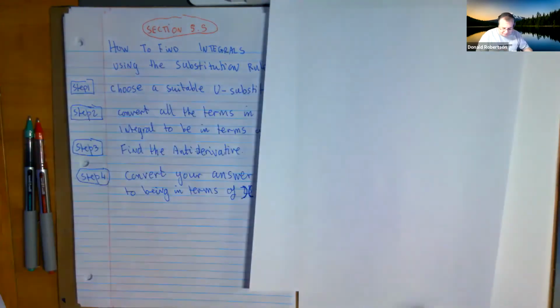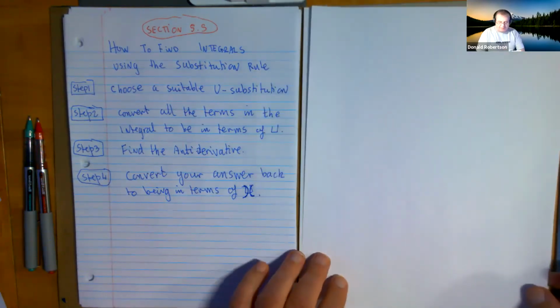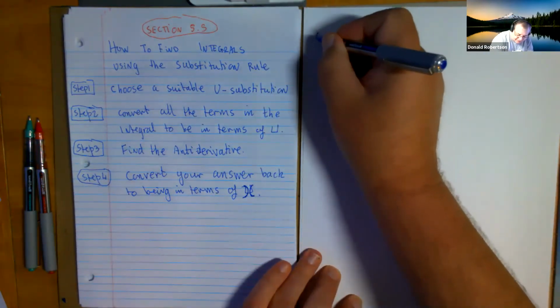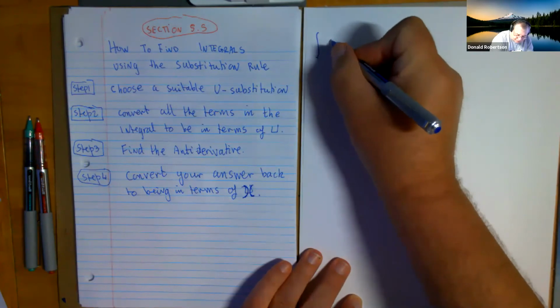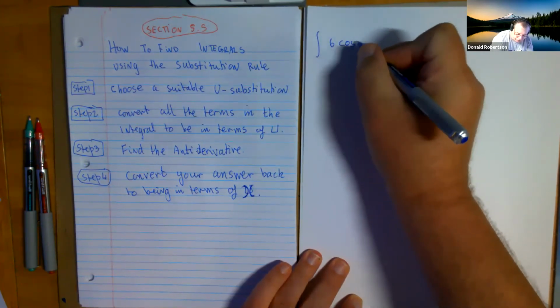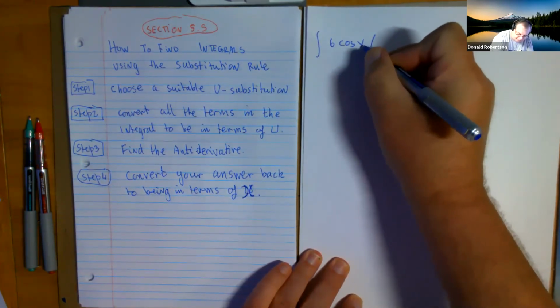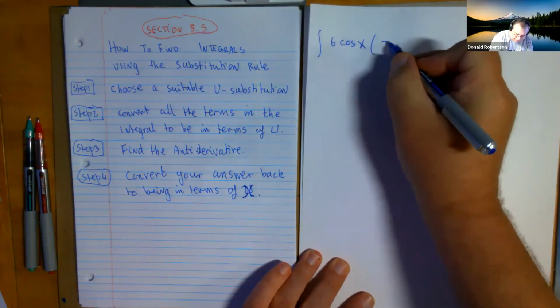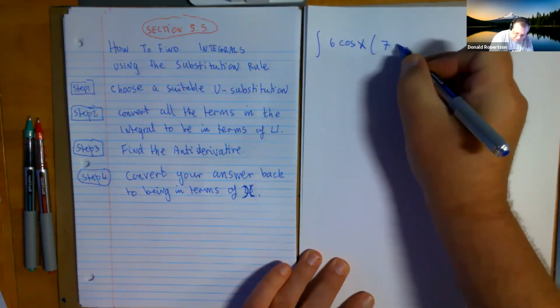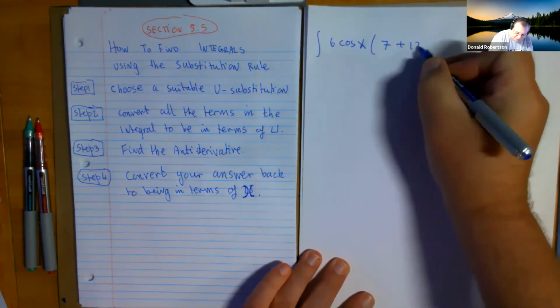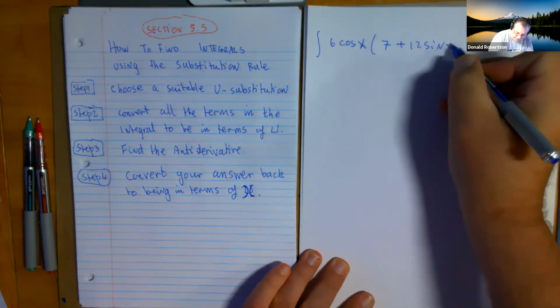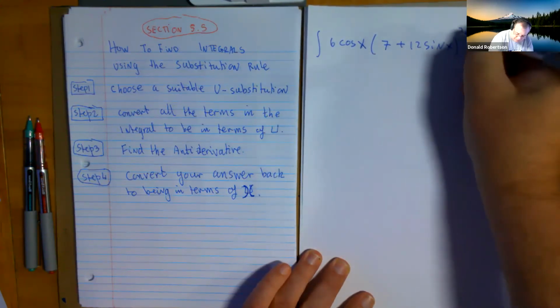Okay, let's up the ante a little bit. Let's try the integral of 6 cosine x over 7x plus 12 sine x, all to the power of 3.